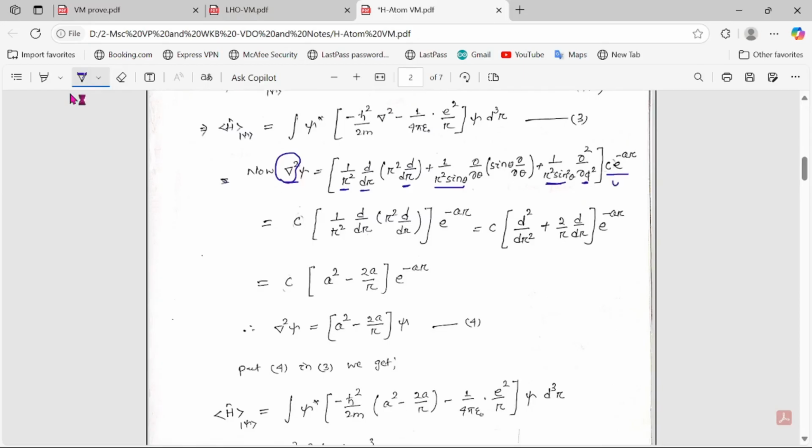The given wave function psi is a function of r only, but the del square operator involves r, theta and phi.